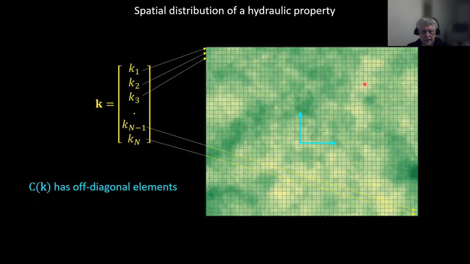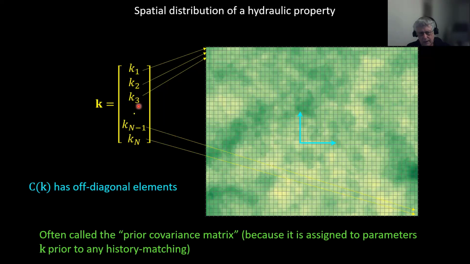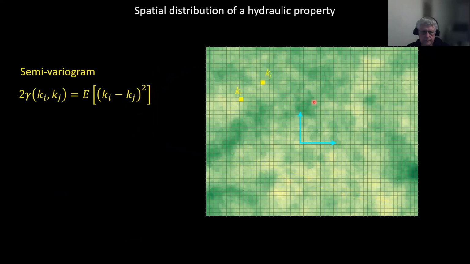Well, let's go ahead and do that. We know, however, that CK has off-diagonal elements. There is statistical interrelatedness between the elements of K if they're close together. Okay, so you've got to build this enormous CK matrix. And we often call this the prior covariance matrix because it summarizes our knowledge before we actually go into the calibration process. To do this, and most of you are probably familiar with this, we often use this thing called a semi-variogram.